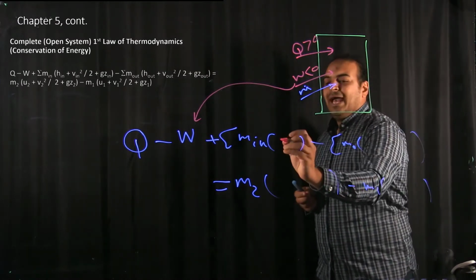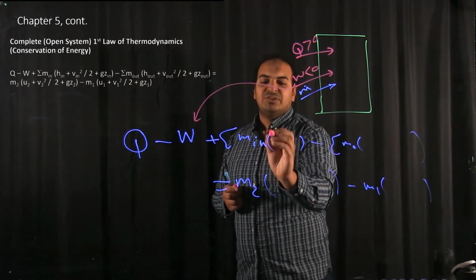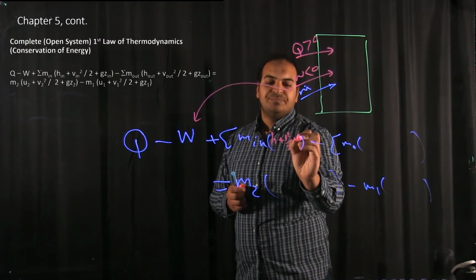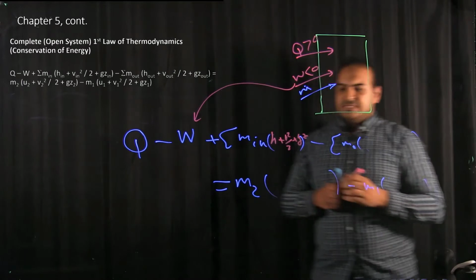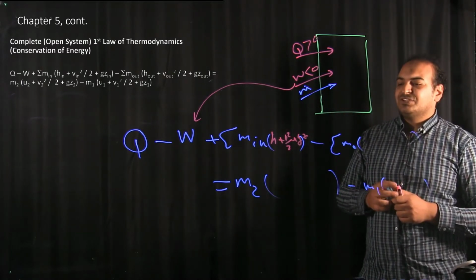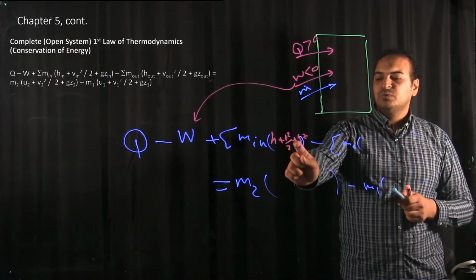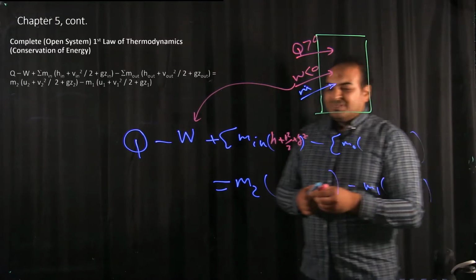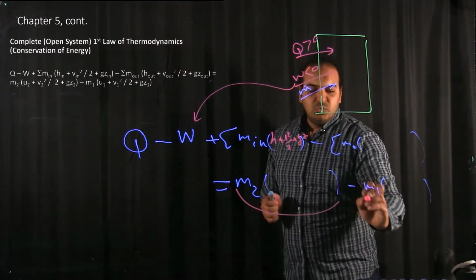Mass in has three forms of energy: enthalpy, kinetic energy, and potential energy. A specific enthalpy, a specific kinetic energy, and a specific potential energy: h plus V squared over 2 plus gz. The same for out. If the problem is unsteady, we have on the right-hand side U2 and U1.